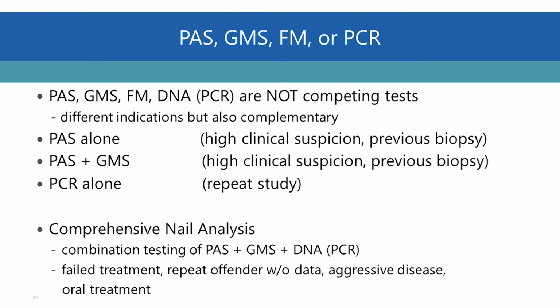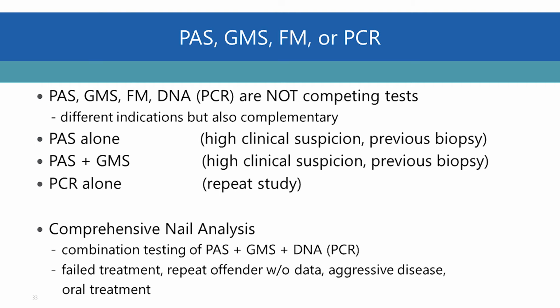So that's a patient I'm probably going to do a PAS, or a PAS and a GMS stain concurrently. Now, if I have a patient that I treated a year ago and I bring the patient back and I do a PAS stain or PAS GMS and it's negative, well, there's a high clinical suspicion that the patient has onychomycosis. So that's a situation where I would do a repeat study, a PCR study alone. Very rare situation, but it does happen.